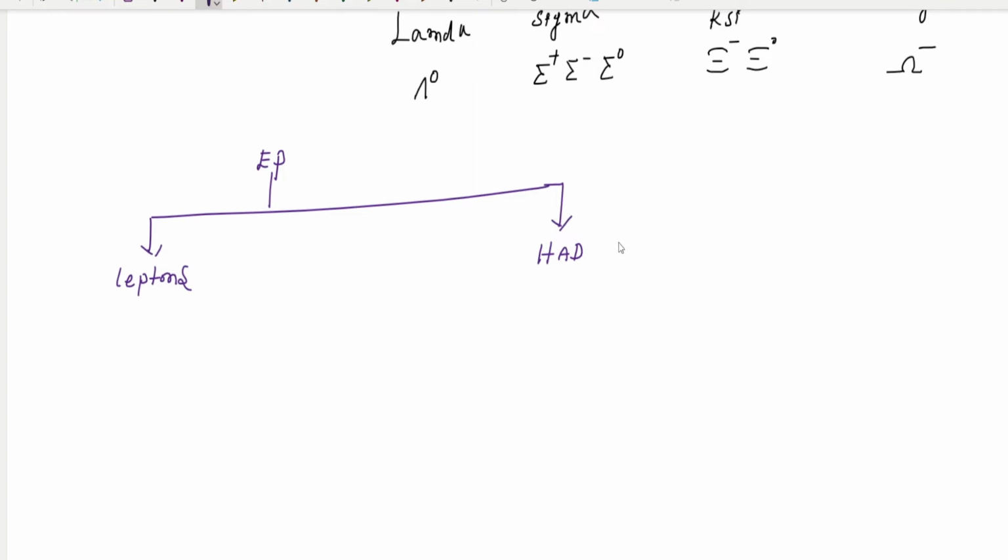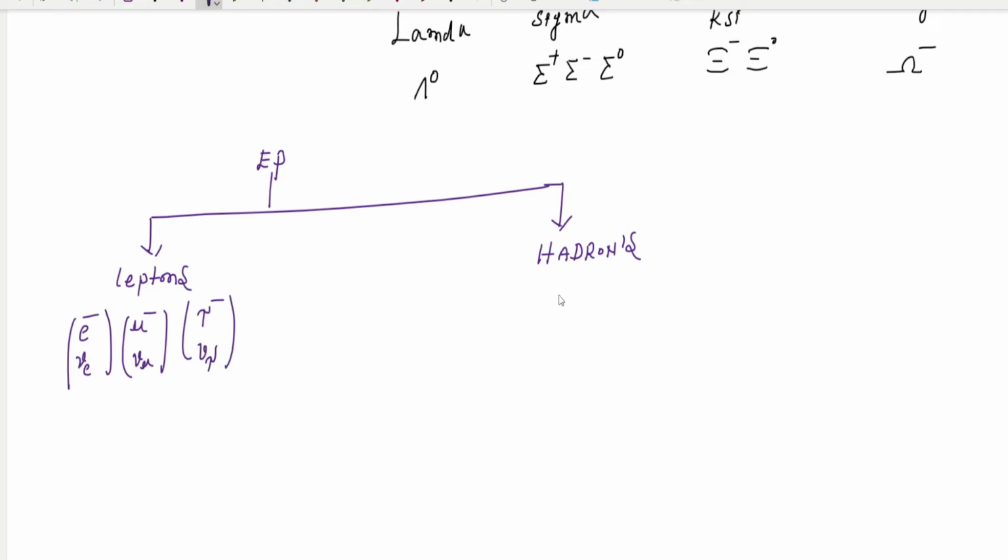Hadrons. For the leptons, I'm going to write these letters. You observe clearly this e, and I'm going to denote like this. This one is mu minus, their antiparticle. This is tau, and their antiparticle. Okay.